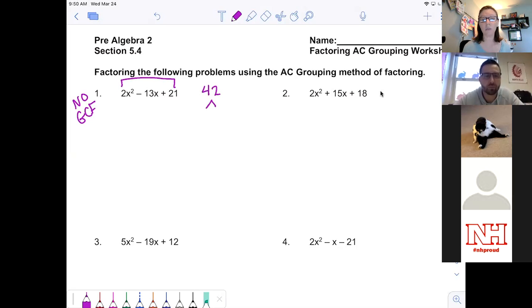So I'm just going to go through right now and say yes GCF, no GCF. So Jason, looking at number 2, 2, 15, and 18, do they have anything in common as a GCF? So can I divide 2? One. Right, just 1. So again, we'll say no GCF.